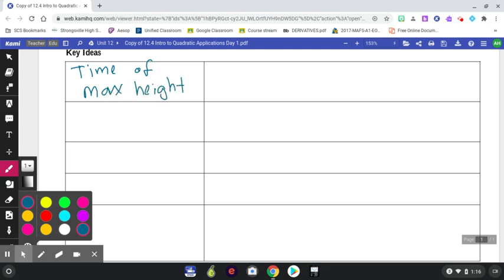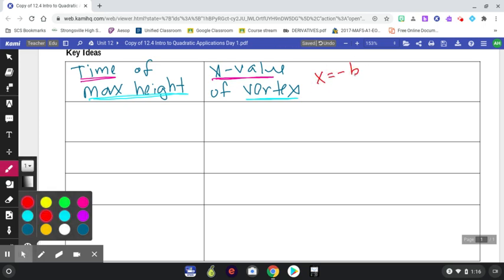And time is related to an x value, right? Anything time related was our x value, and it's the x value of the vertex because a vertex occurs at a maximum. And in order to find the x value of the vertex, we use that x equals negative b over 2a.